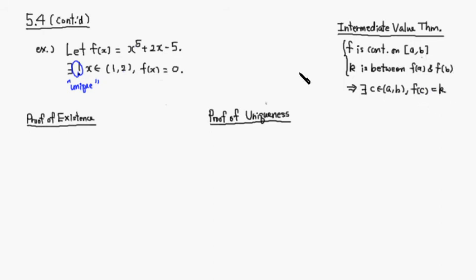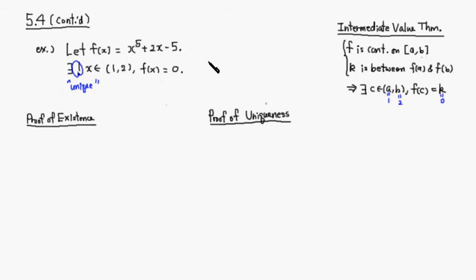So in this case, our a value is 1, then b is 2, because the interval is from 1 to 2, and k is going to be 0.